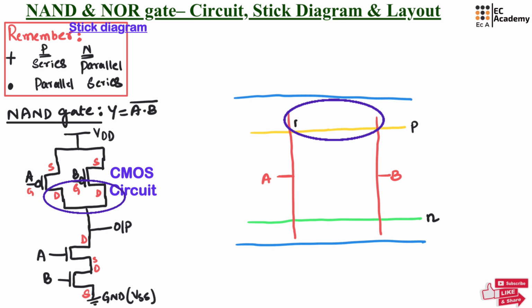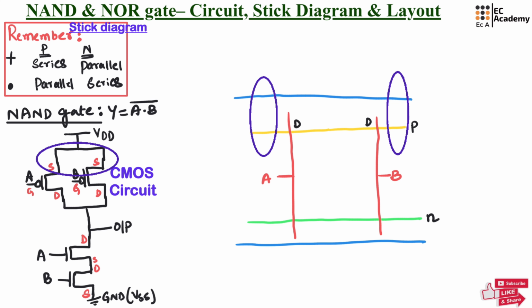That's why in the layout, we can write the drain terminals of A and B side by side, which represents these two are connected. Now, source terminals of both A and B of PMOS are connected to VDD.